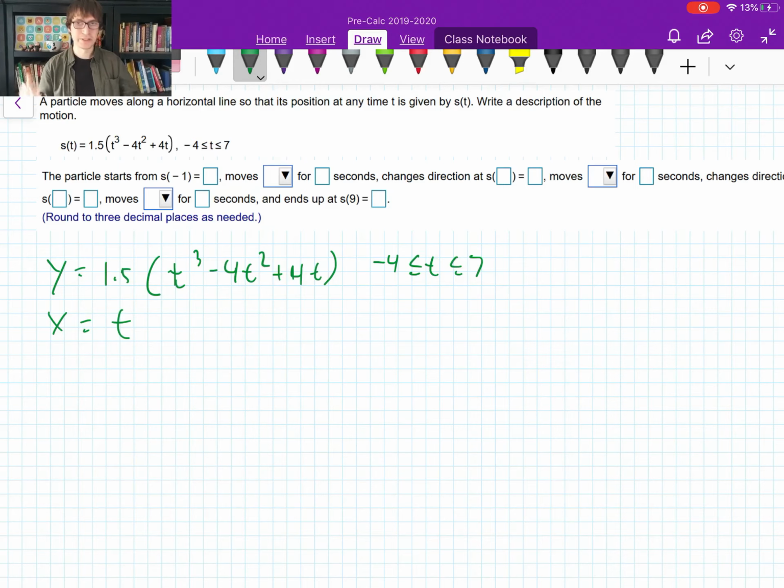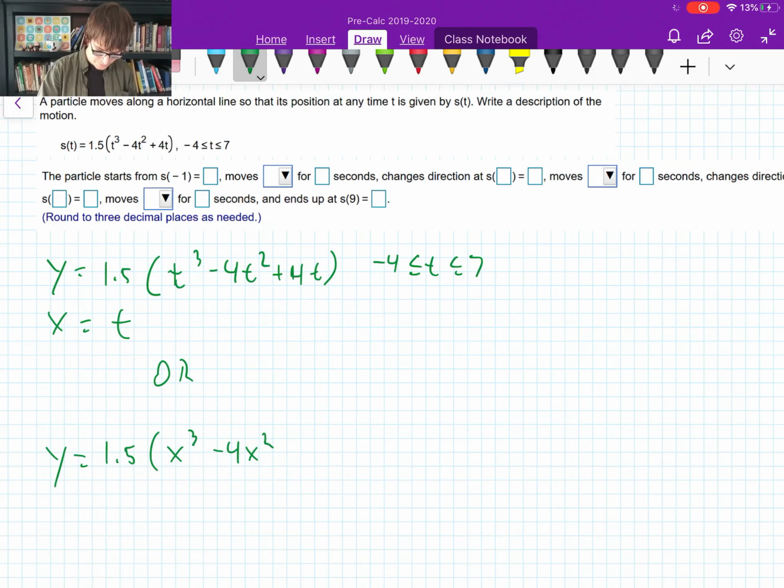And so we could do something like that and then graph it, or we could just eliminate the parameter right here and just say y equals 1.5 x cubed minus 4x squared plus 4x, where -4 is less than or equal to x is less than or equal to 7. And we just got to remember that when we say x, we actually mean t. We actually mean the time that's movement. And so we could actually just graph this like a normal equation, and this would work out fine.